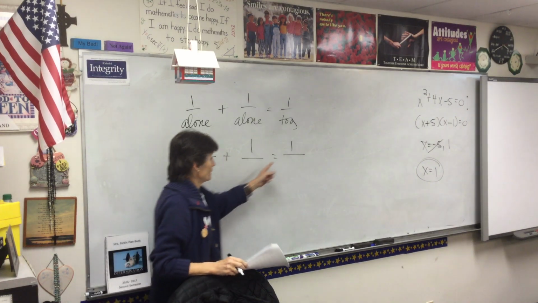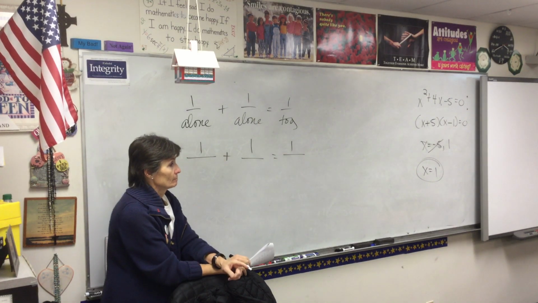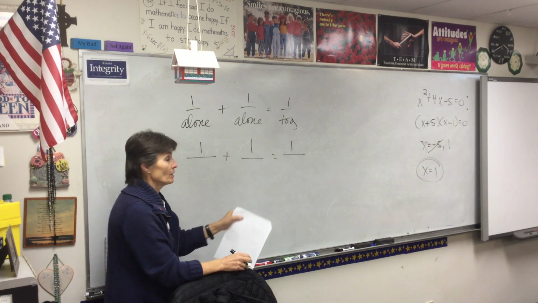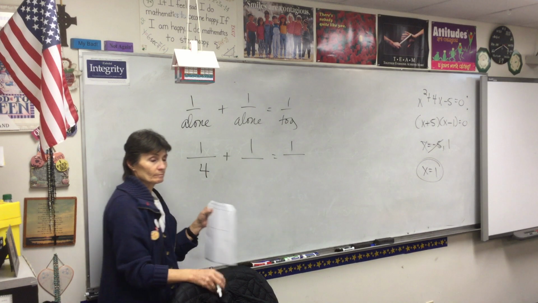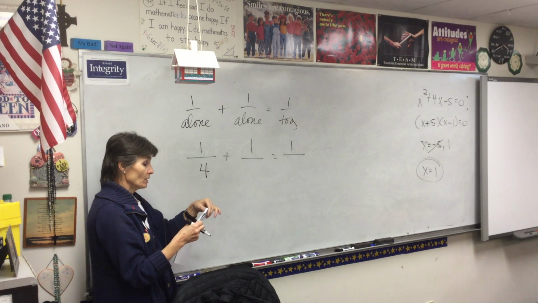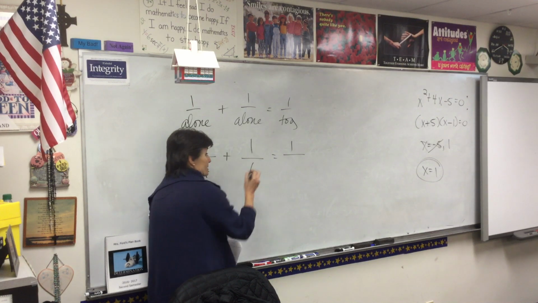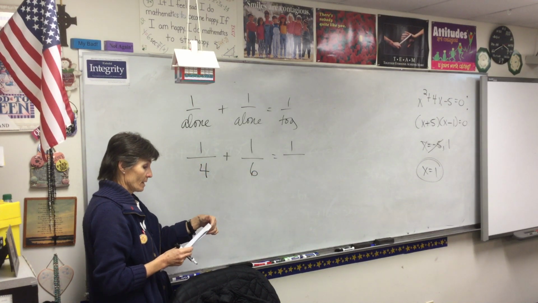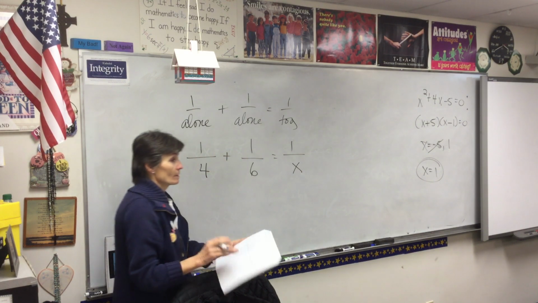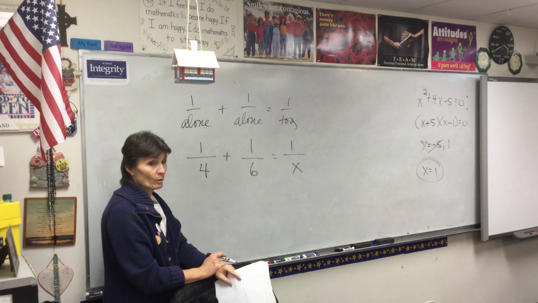You're only going to fill in 3 things. Jane's time alone is 4. Maurice's time alone is 6. What is their time together? Does it make sense to you where the 4 and the 6 and the x are?